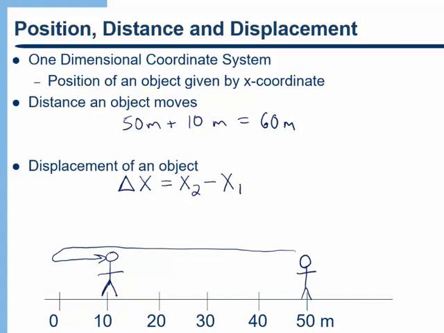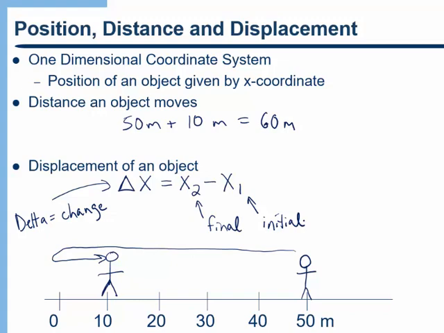So first of all, delta, if you remember from math, means change. And so displacement is the final position. So 2 right now is representing final, and 1 is representing initial. So we get the final position minus the initial.